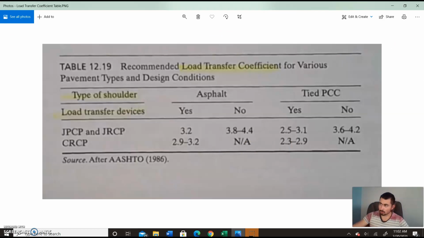Did I Google that? Effective modulus of subgrade reaction. Pounds per cubic inch, according to.